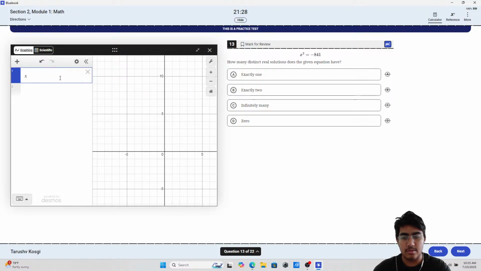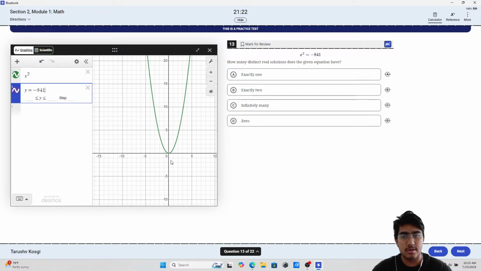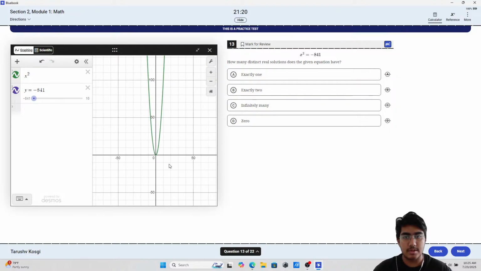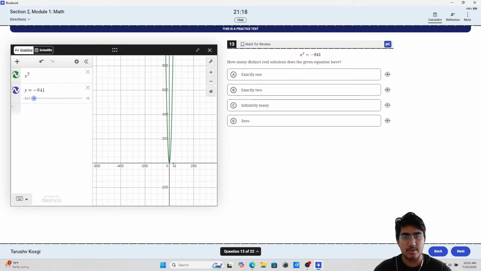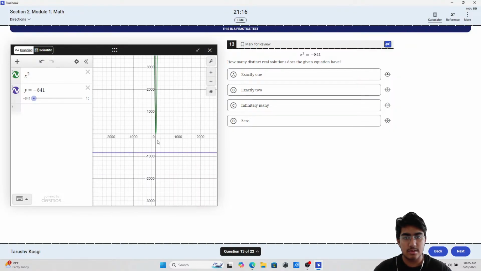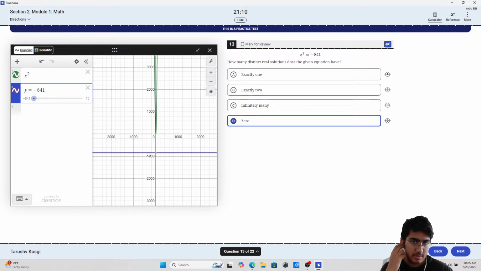So instead, we're gonna get in y equals x squared and y equals negative 841. And we're going to see how many times they intersect here, which is probably going to be 0. Yeah, so absolutely 0 here, because it's so far negative here. So yeah.